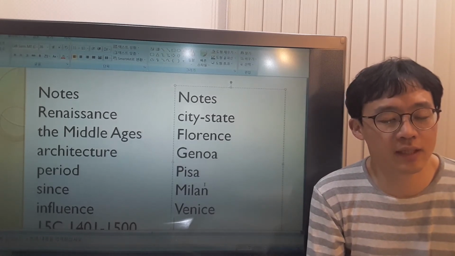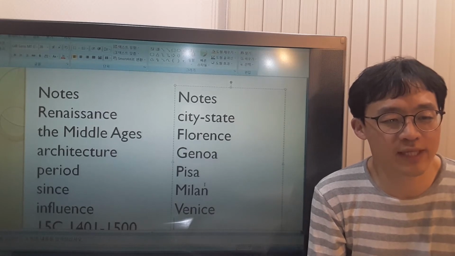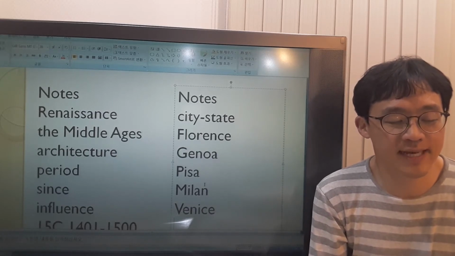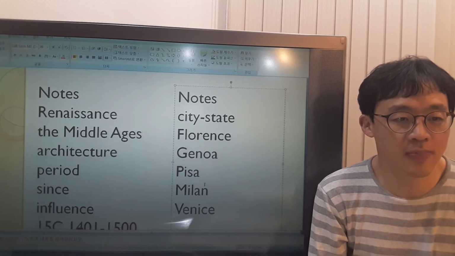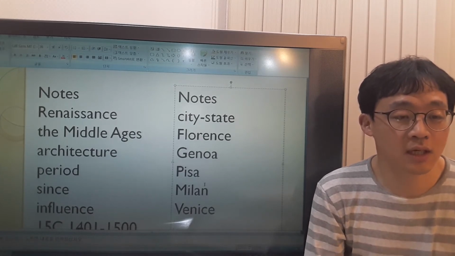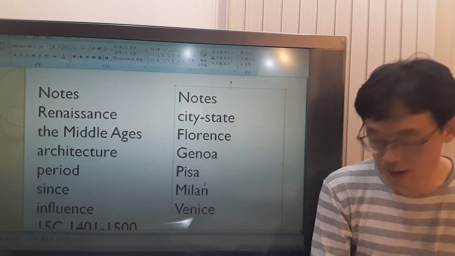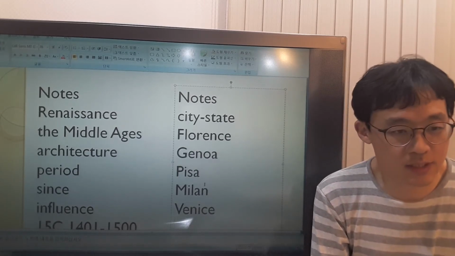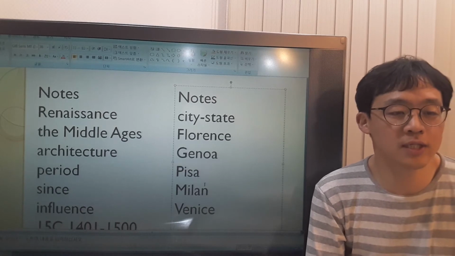Florence was one of the main centers of the Italian Renaissance, okay? The cultural and artistical center of Italian Renaissance. Genoa is a main port in Italy, all right?